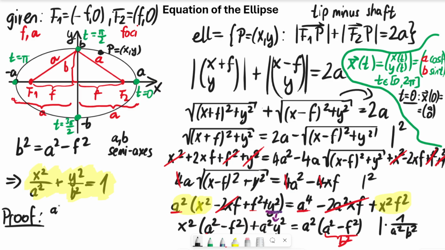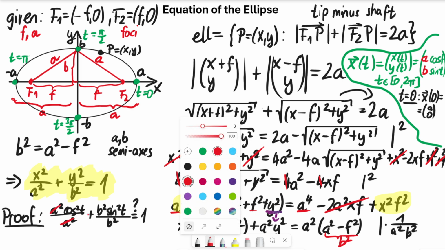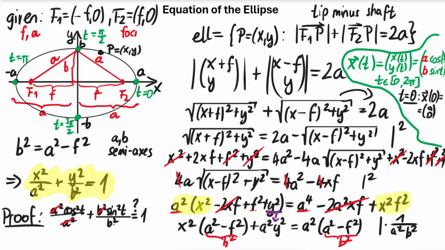So you plug it in, which is a squared times cos squared t divided by a squared plus b squared sine squared t divided by b squared, and this should be equal to 1. We ask, is it really equal to 1? And you see here we can simplify the a squared, we can simplify the b squared, and then we arrive at the well-known equation cos squared plus sine squared is equal to 1, and this is true.